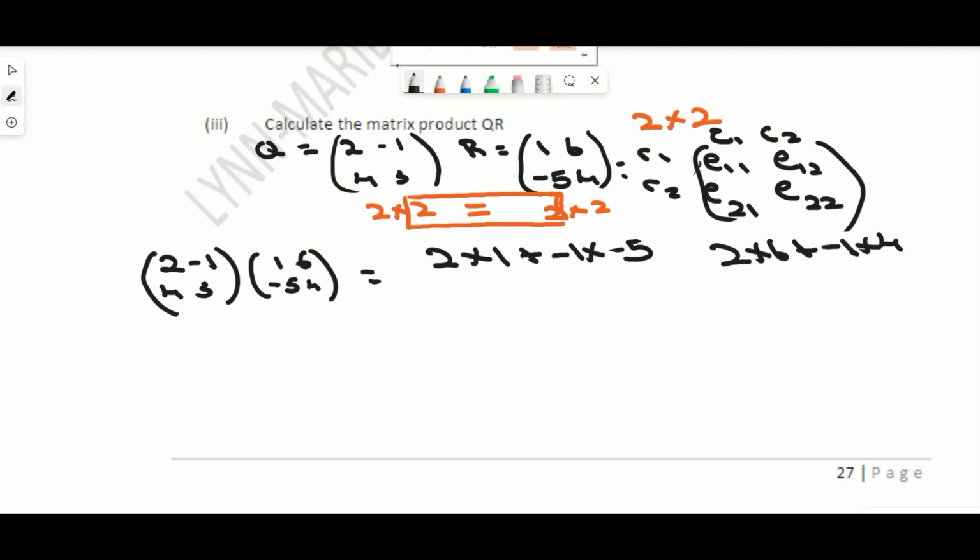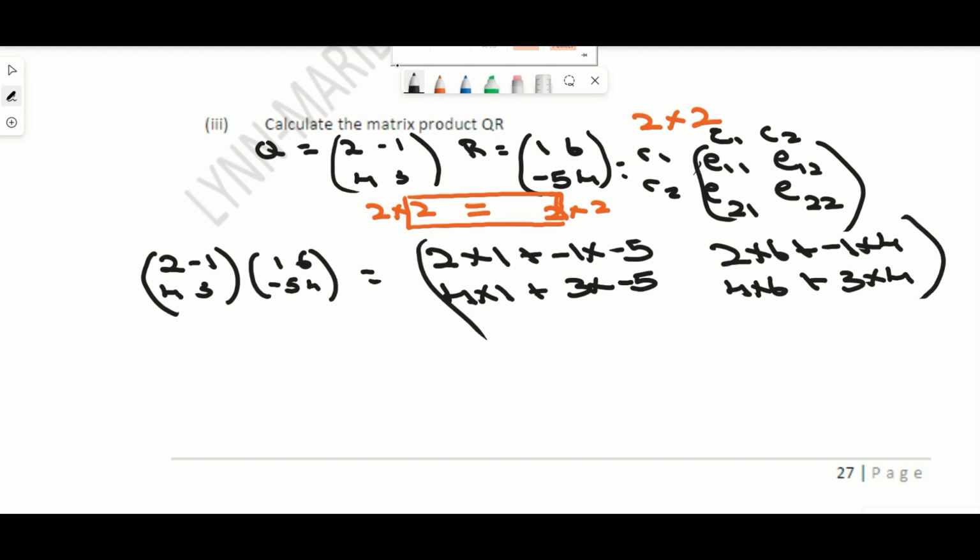Then row 2, which is 4 and 3, multiplied by column 1: 4 multiplied by 1 plus 3 multiplied by negative 5. The last element is row 2 multiplied by column 2: 4 multiplied by 6 plus 3 multiplied by 4. And we have 4 elements here.